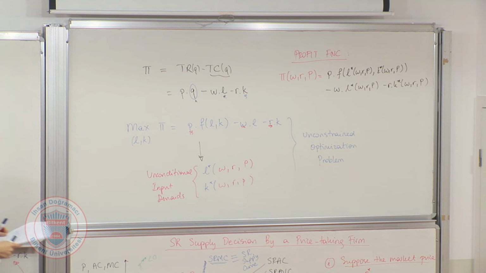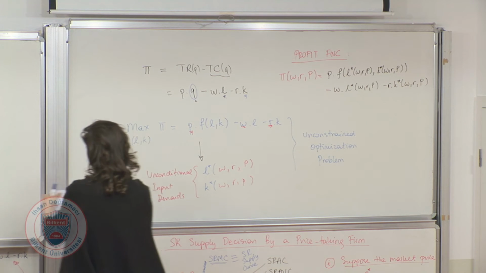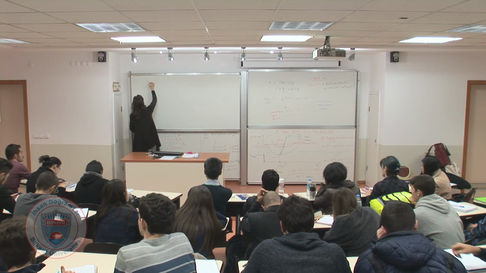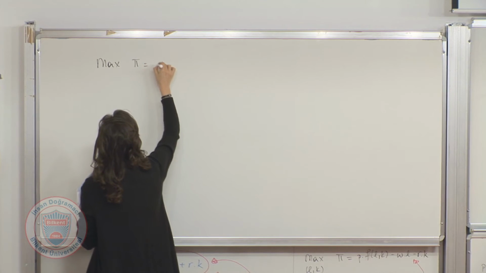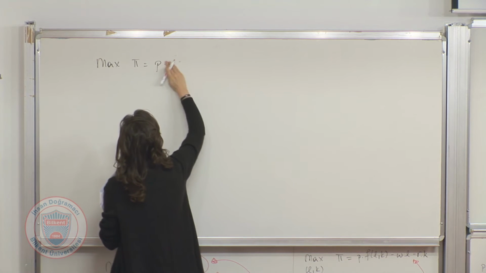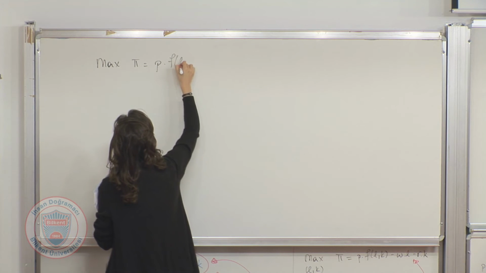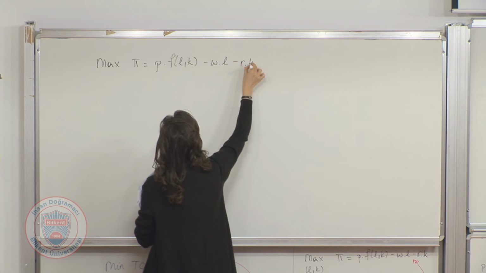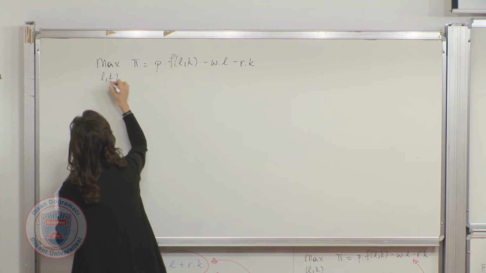Now, let's actually solve this problem first. So let me solve this profit maximization problem. Maximize profit, P times Q, where Q is F of L, K, minus wage times L, minus R times K, over L, K, okay?